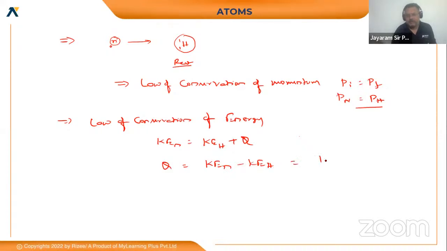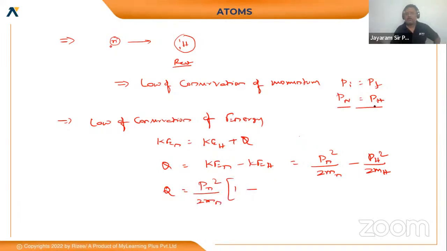This can be replaced with Pn square by 2 into mass of the neutron, minus Ph square by 2 into mass of the hydrogen. Now to calculate this, if I take the common factor Pn square by 2 into mass of the neutron, and as we know, neutron and hydrogen have the same mass, so the leftover will be the mass of the neutron by mass of the hydrogen.